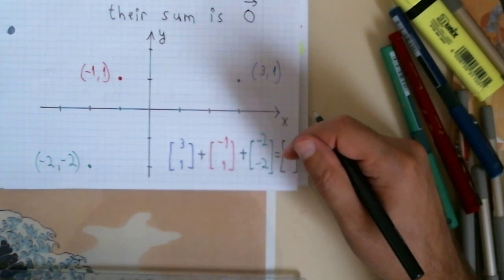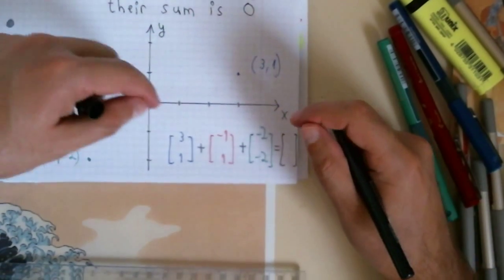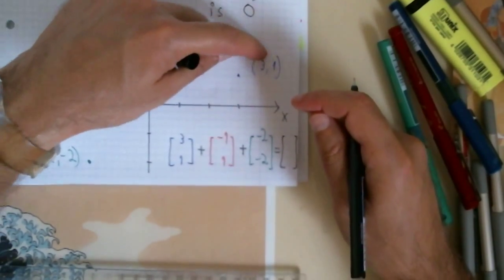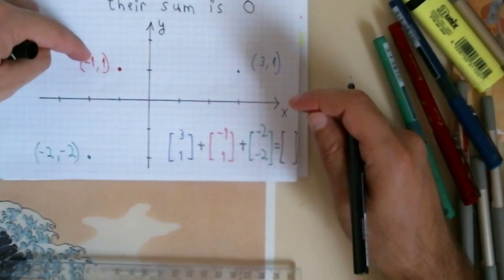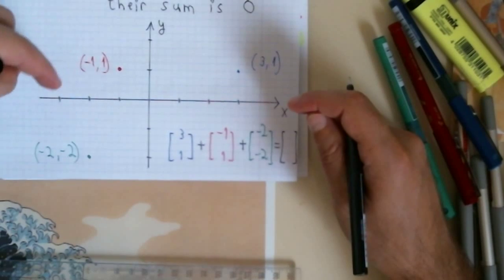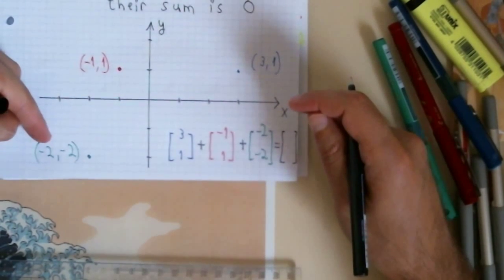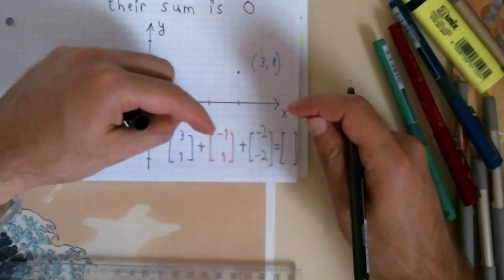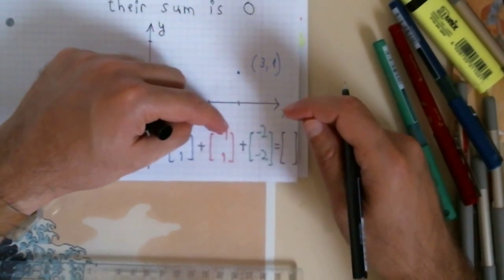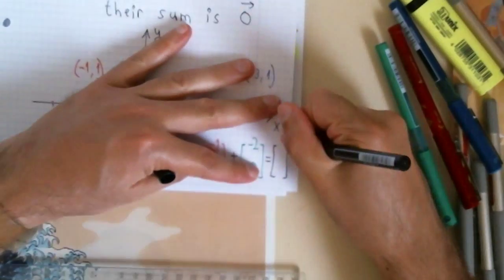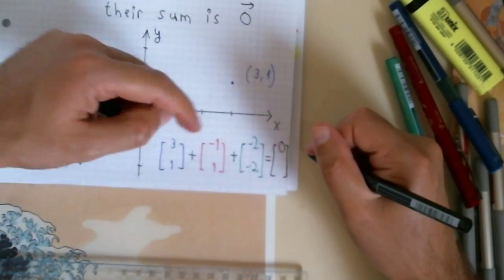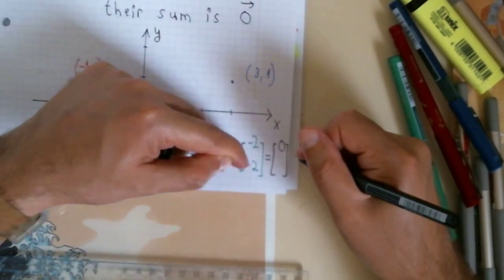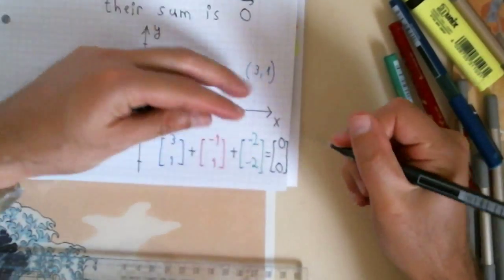The x component of this one, the first component, 3, plus minus 1, the first component of this one, plus minus 2, the first component of this one. 3 plus minus 1 is 2. Plus minus 2 is 0. 1 plus 1 is 2. Minus 2 is 0.